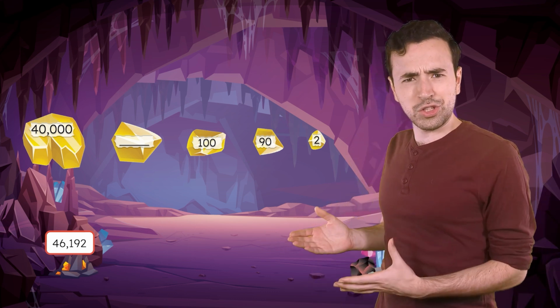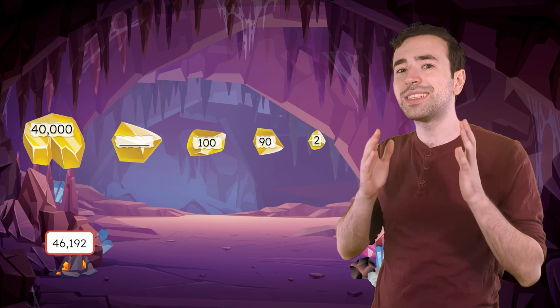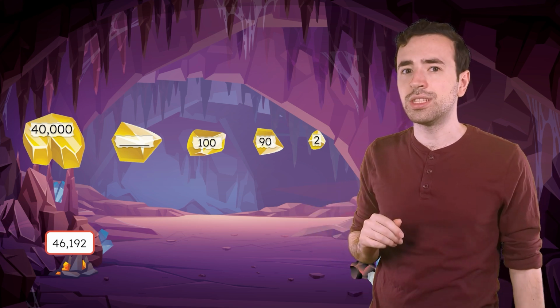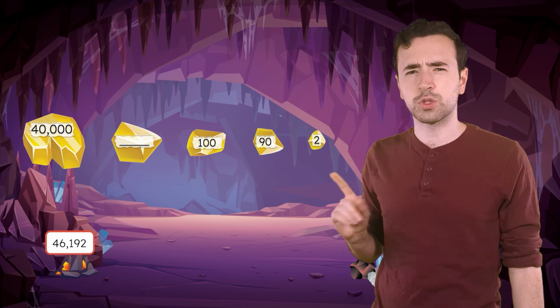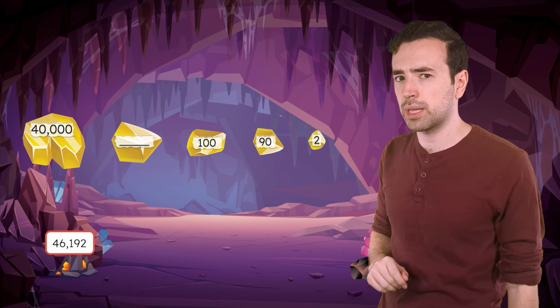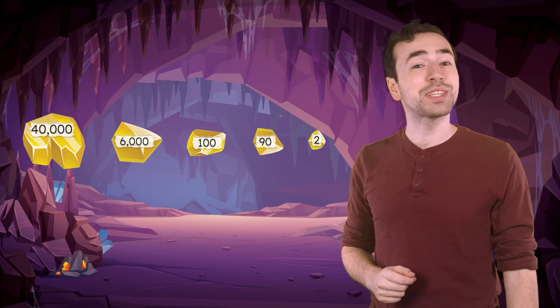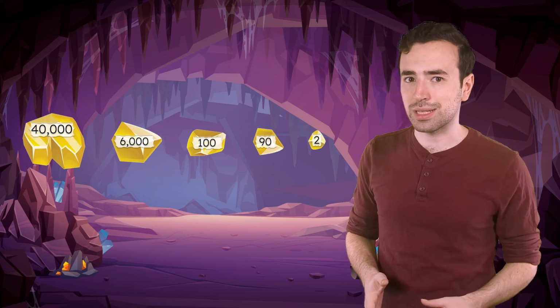What are these pieces showing? Oh, they're the different values of each digit. But there's one missing. What's the missing value for the thousands place digit? You got it. The missing value is 6,000.